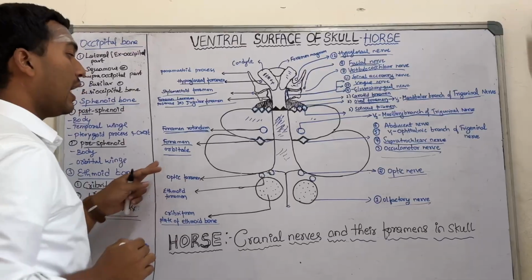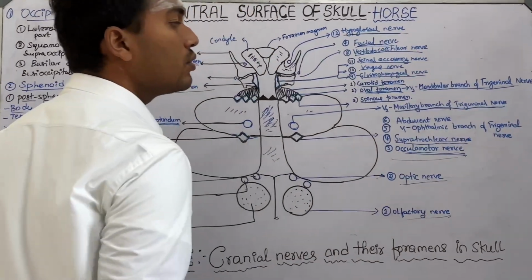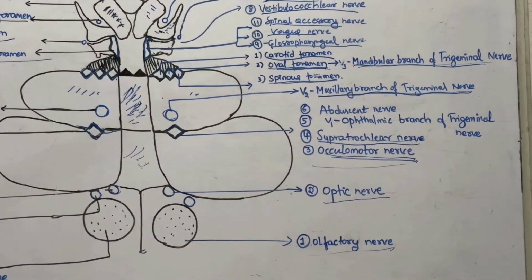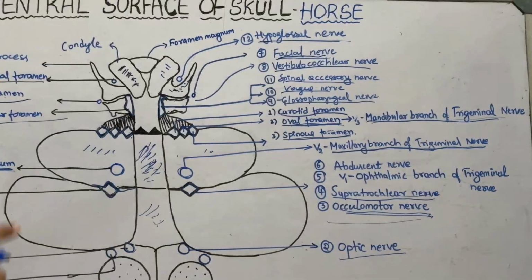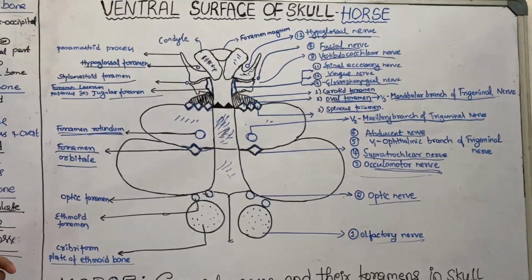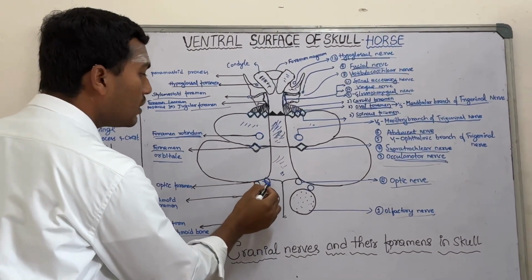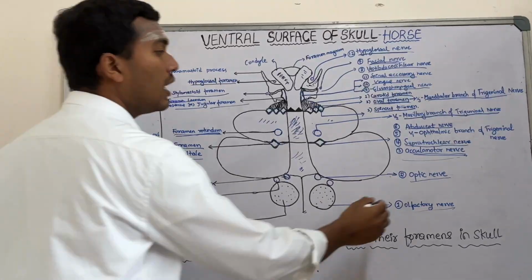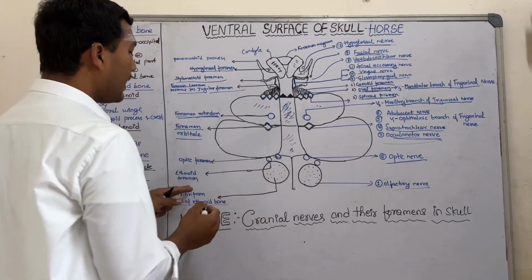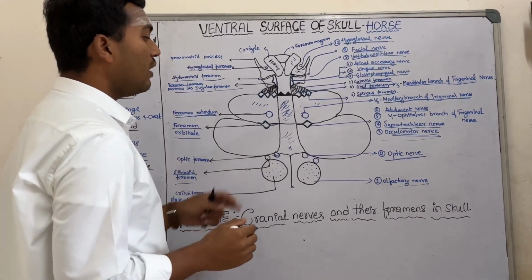Through it pass the oculomotor, third cranial nerve, the trochlear nerve, the ophthalmic branch, the first branch of the fifth cranial nerve, and the abducens nerve. Between the body and the orbital wing, we get the optic foramen, through which the optic nerve emerges. Adjacent to this optic foramen, we get the ethmoid foramen, through which the ethmoid nerve and artery emerge.